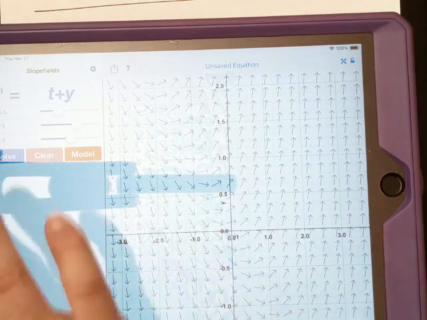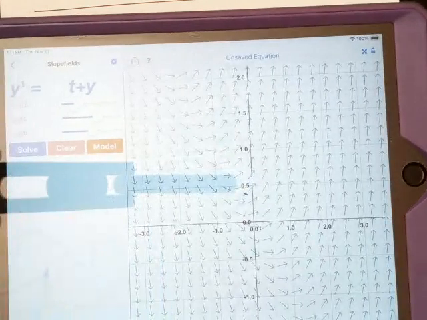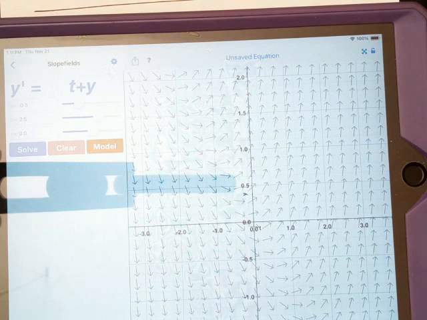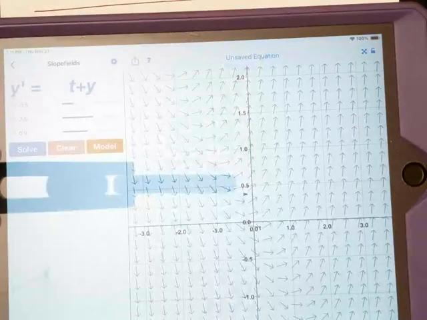But if I type in y prime equals t plus y, it draws the exact same picture, the very first one, the default. Again, you're probably best off watching that movie and keeping some good notes. If you're trying to do this on the calculator, you're not going to be able to.